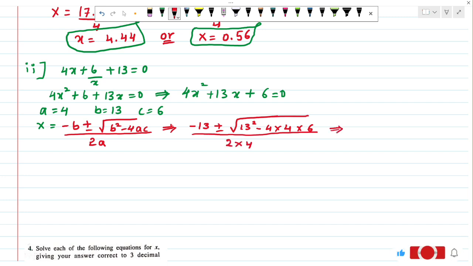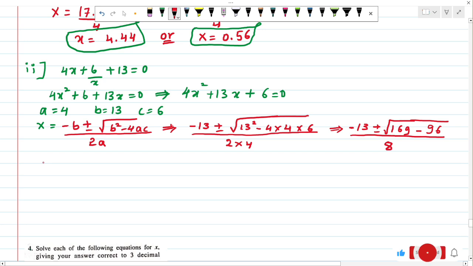I'll simplify this: minus 13 plus or minus 13 square is 169, minus 4 4s are 16, 16 6s are 96, divided by 8.